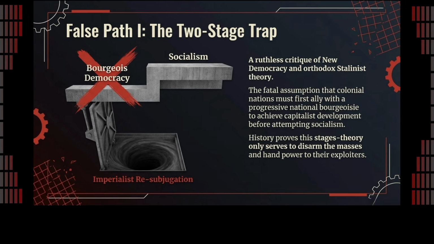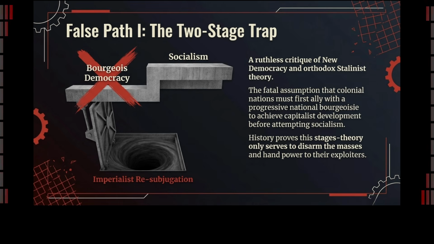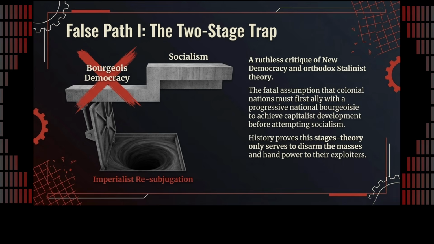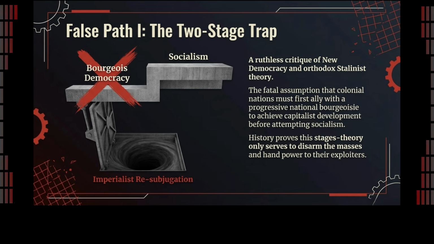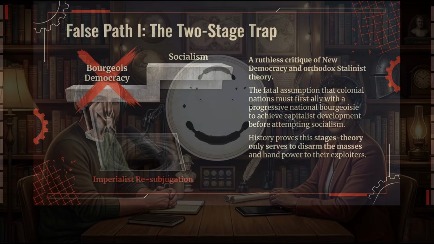The system is structured so that the core extracts value, resources, and profit from the periphery. The periphery, in turn, provides those resources, provides cheap labor, and often serves as a market for the core's surplus capital and manufactured goods. Their relationship is defined by dependence, rooted directly in that history of imperialist penetration and investment.